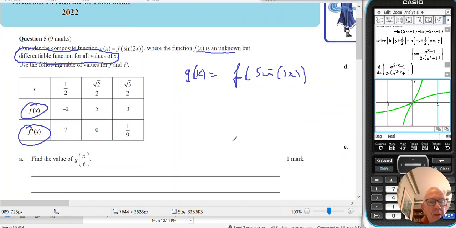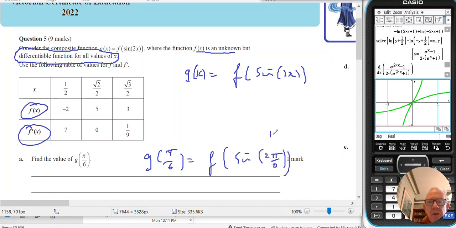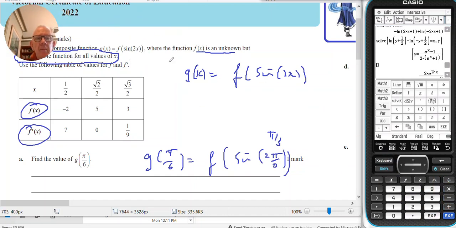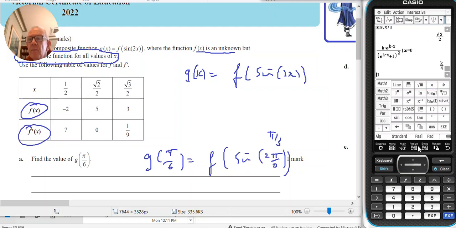Okay. Find the value of g of pi on 6. g of pi on 6 will equal f of sine of 2 pi on 6, which is pi on 3. Sine of pi on 3, put back into radians, pi divided by 3, is root 3 on 2.